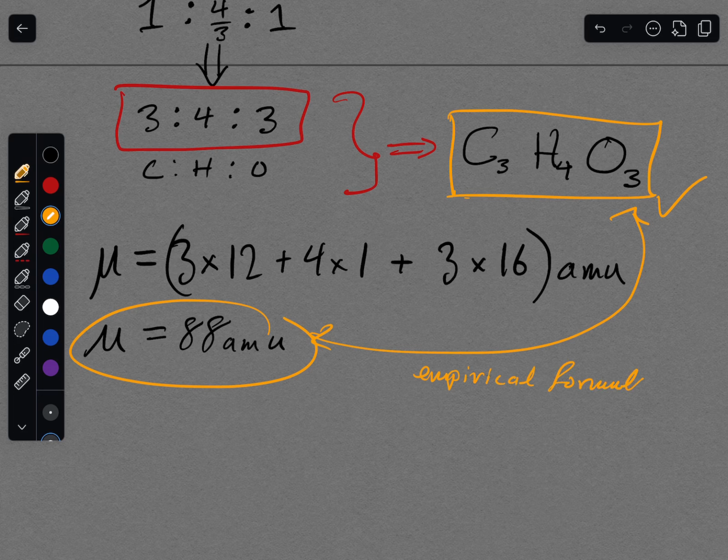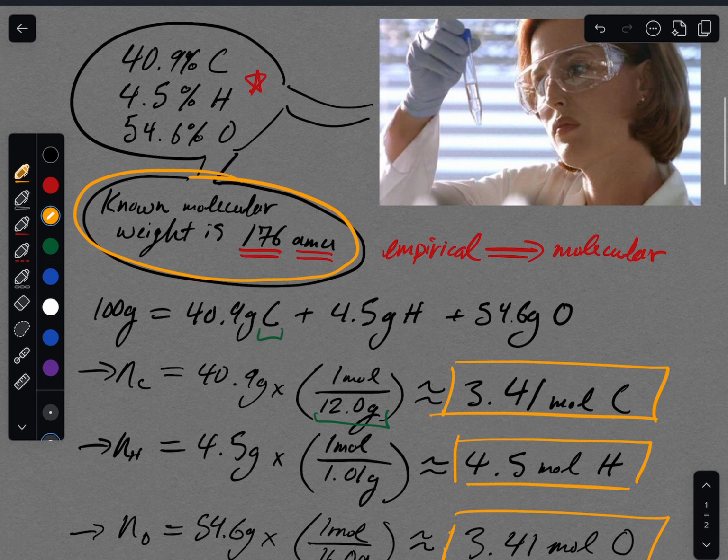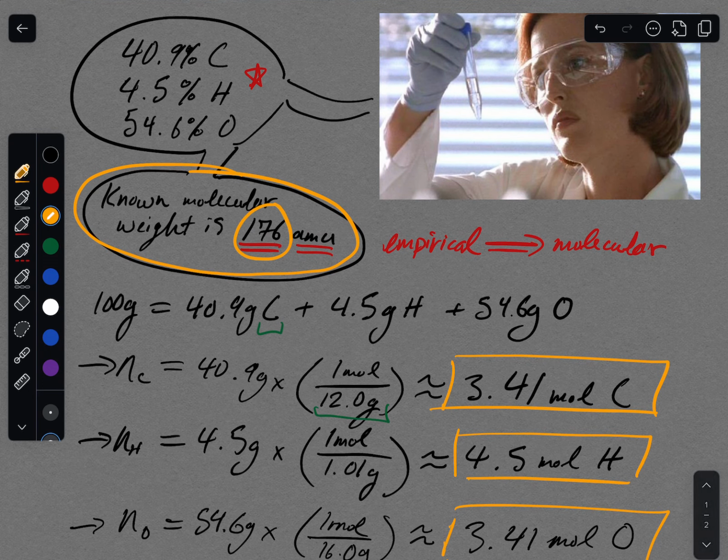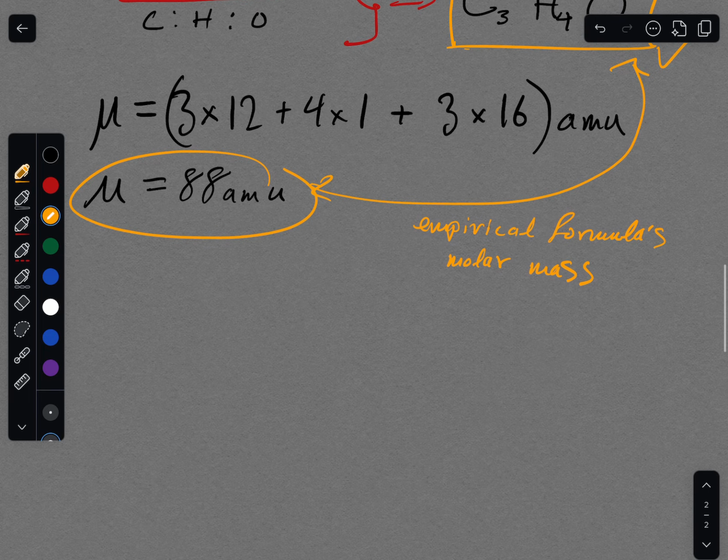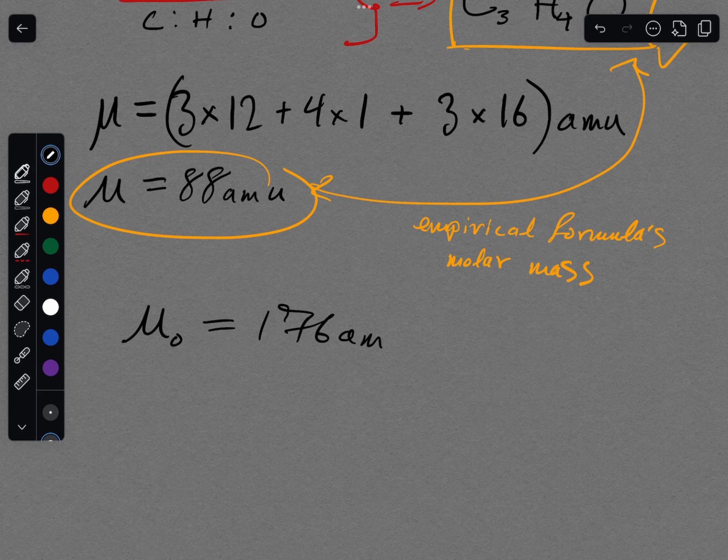This is the empirical formula's molar mass. But we know that this substance actually should have 176 AMU.